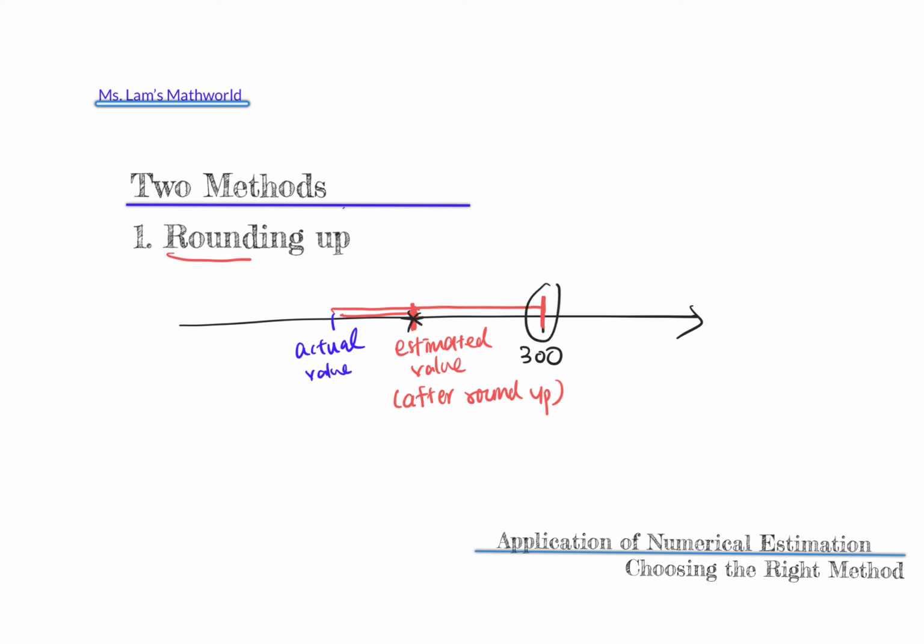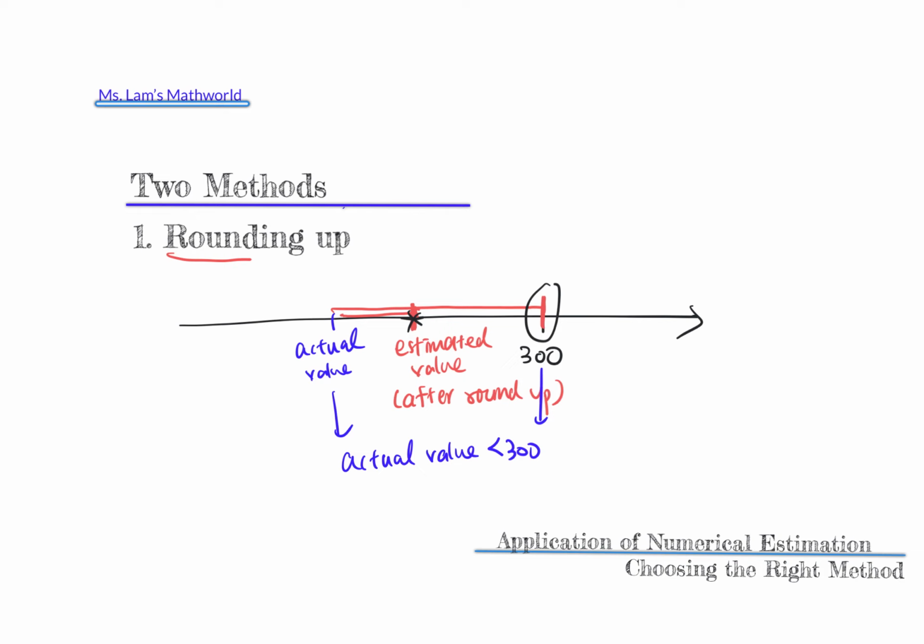So that means the actual value will be less than or equal to 300, right? Of course, sometimes if the actual value is exactly 300, we have no need to round up, right? But normally it will be less than. Yes, so this is case 1.